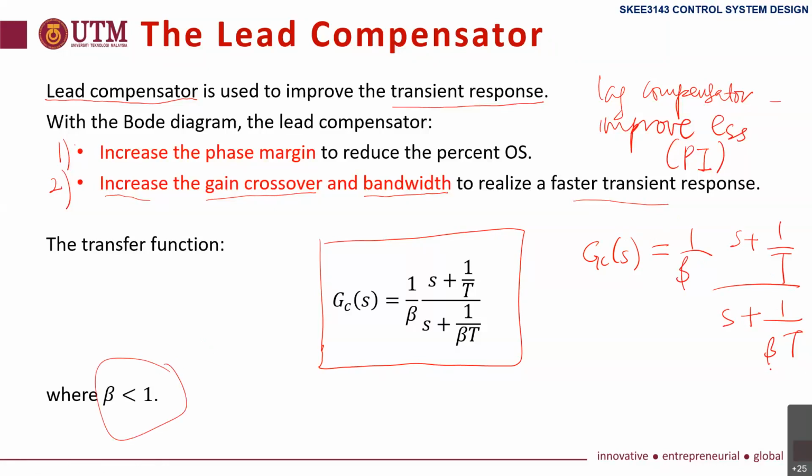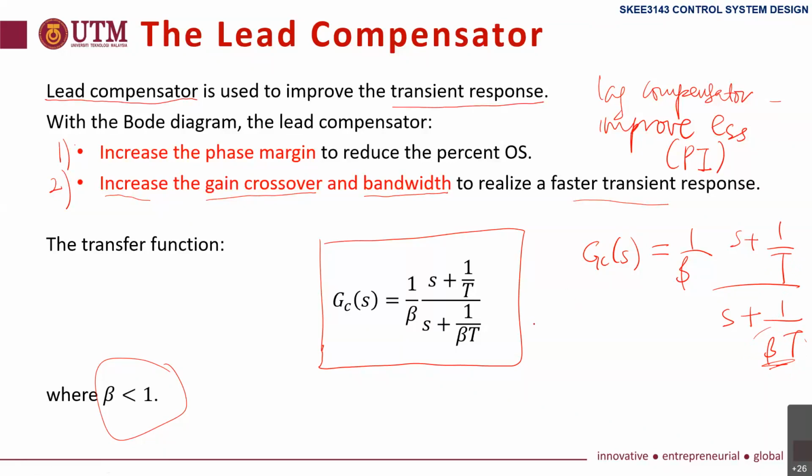Beta here is less than 1, meaning that the value 1 over beta T is bigger, so the pole is at a smaller value than the zero, because beta is less than 1.